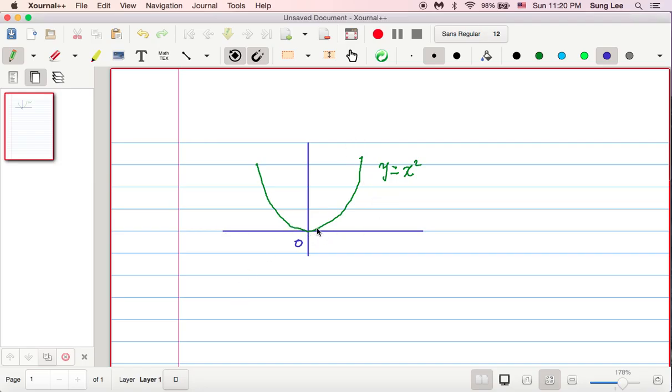On the other hand, on the interval from 0 to infinity, the graph is increasing as x increases.